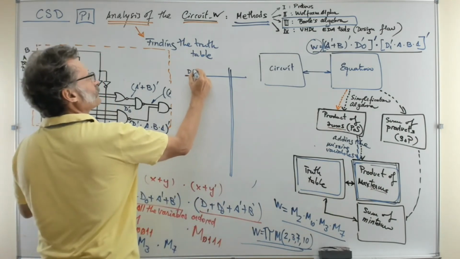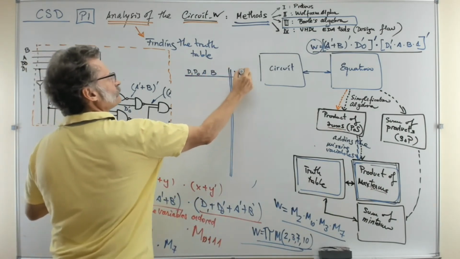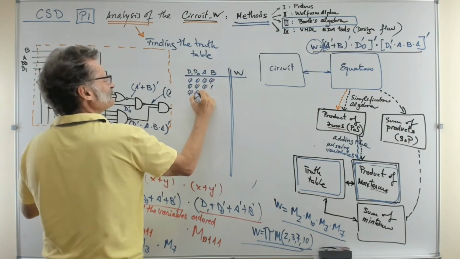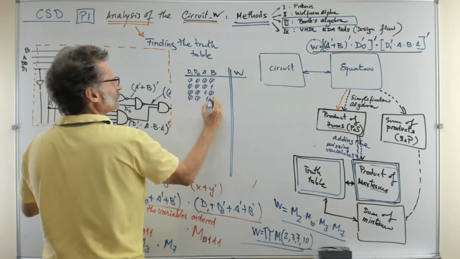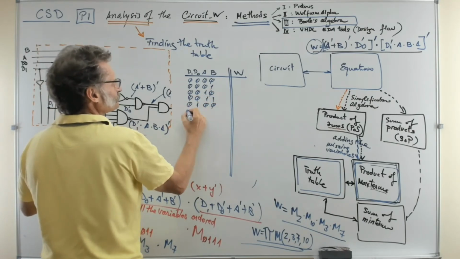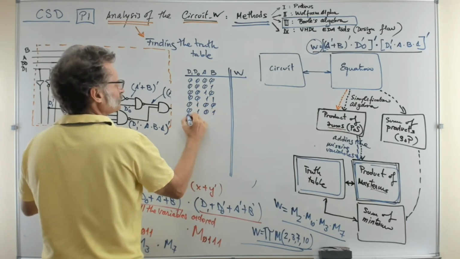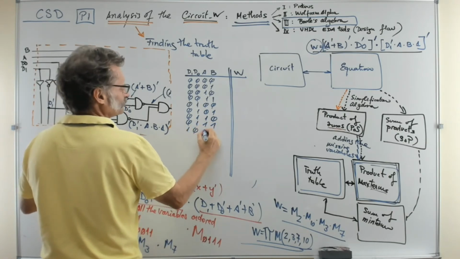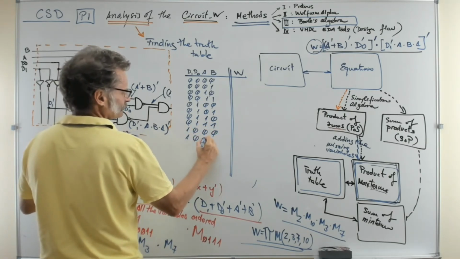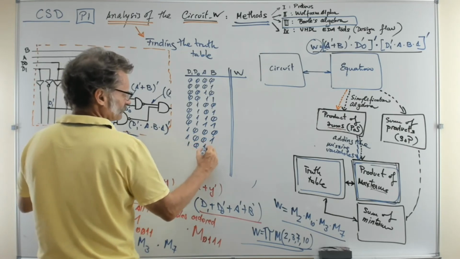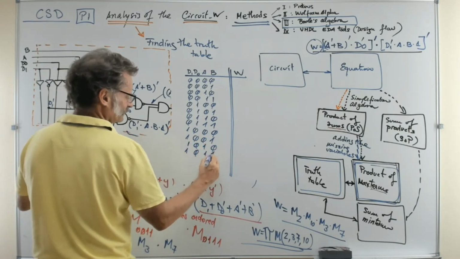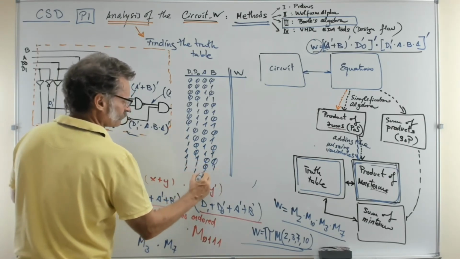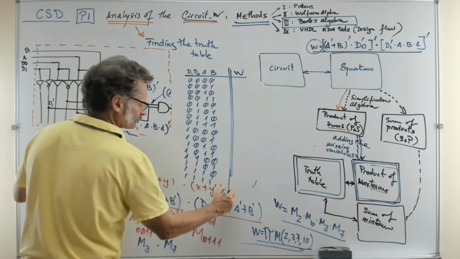So this is D1, D0, A and B, and this is W. So you can go from 0, 0, 0, 0, 0, 0, 0, 1, 0, 0, 1, 0, 0, 0, 1, 1, 0, 1, 0, 0, 0, 1, 0, 1, 0, 1, 1, 0, 0, 1, 1, 1, 1, 0, 0, 0, 1, 0, 0, 1, 1, 0, 1, 0, 1, 0, 1, 1, and the final 4, 1, 1, 0, 0, 1, 1, 0, 1, 1, 1, 1, 0, and 1, 1, 1, 1, right? So this is the table, right?